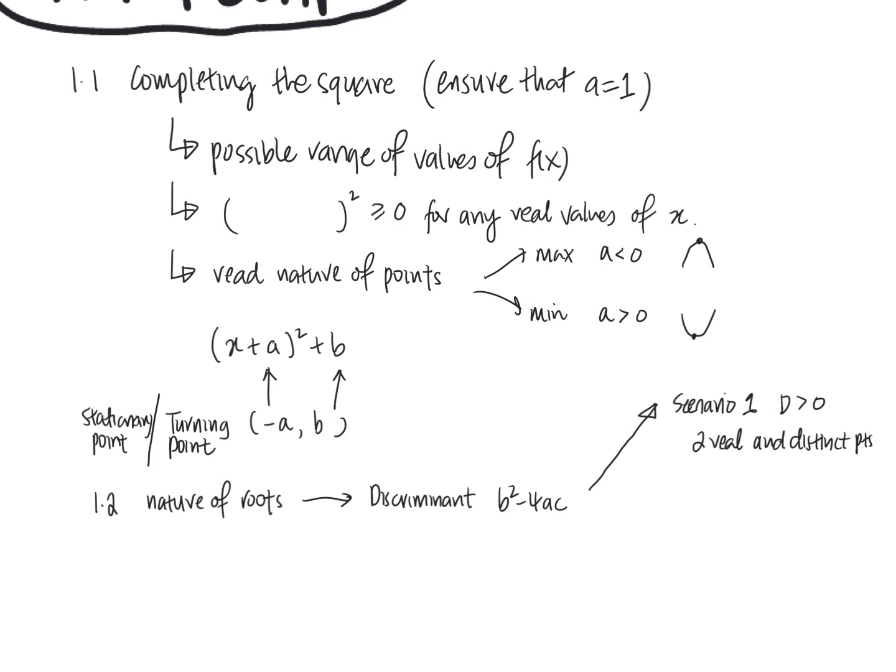And then we also have scenario 2, where discriminant is equal to 0, 2 real and equal roots.